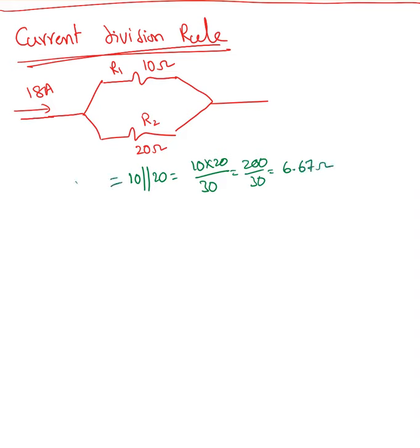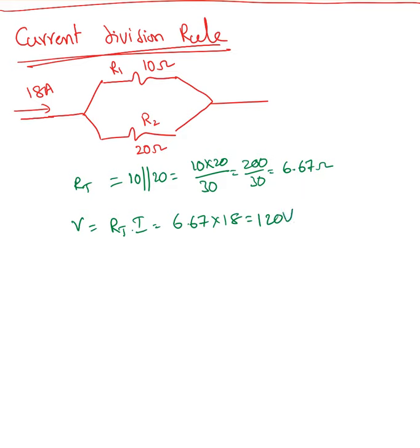Now this is the R total. Now I can find V equal to R total times I. So 6.67 times 18 will give you the voltage drop across each element. This value is 120 volts.